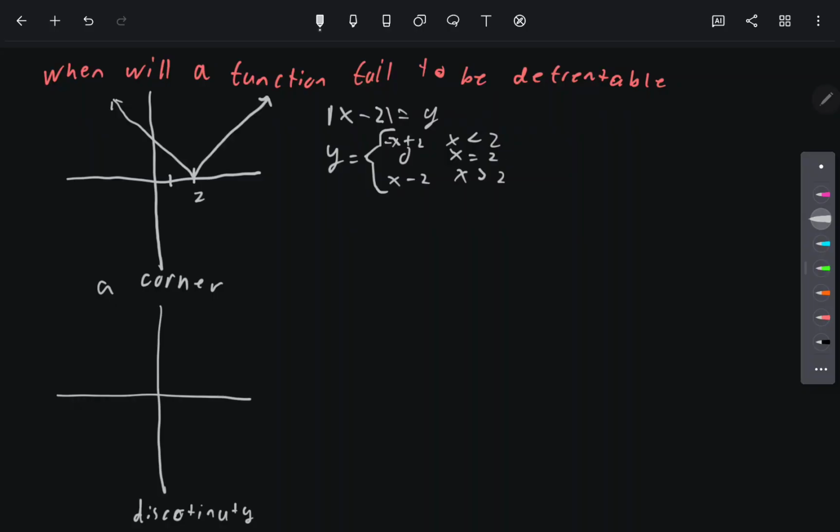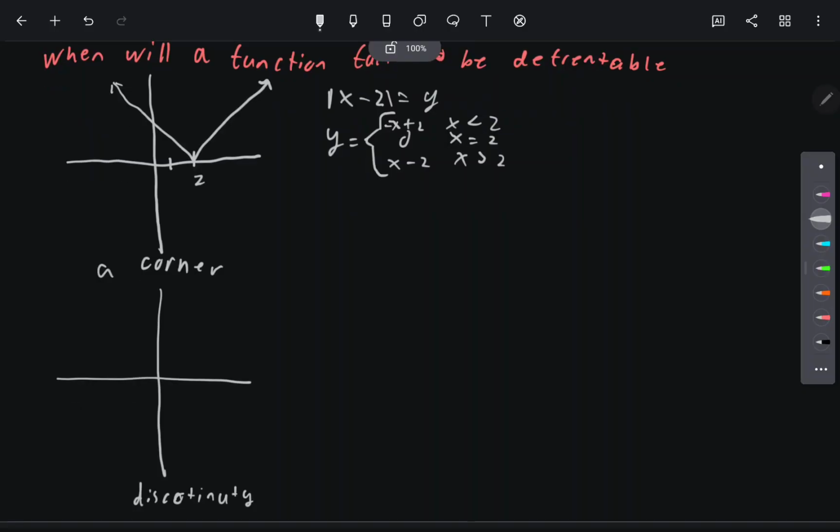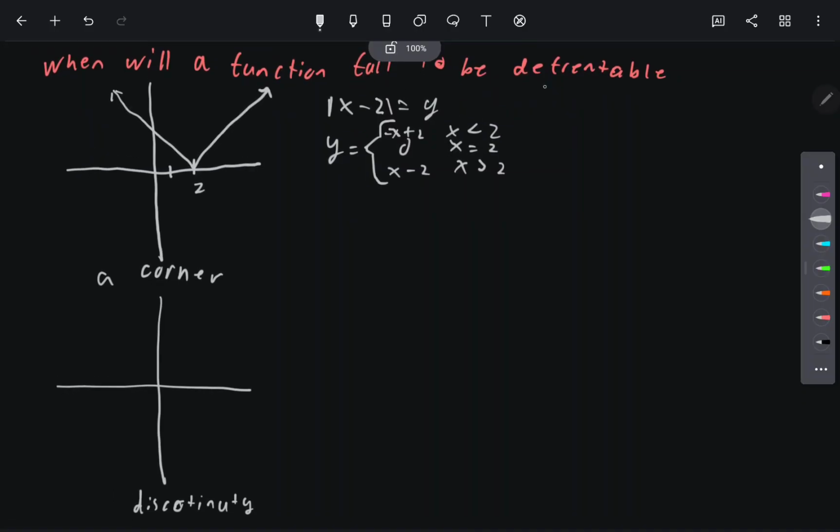If I want to find its derivative, well, y prime is going to be the limit as h approaches 0 of the absolute value of x plus h minus 2, minus the absolute value of x minus 2, all over h.